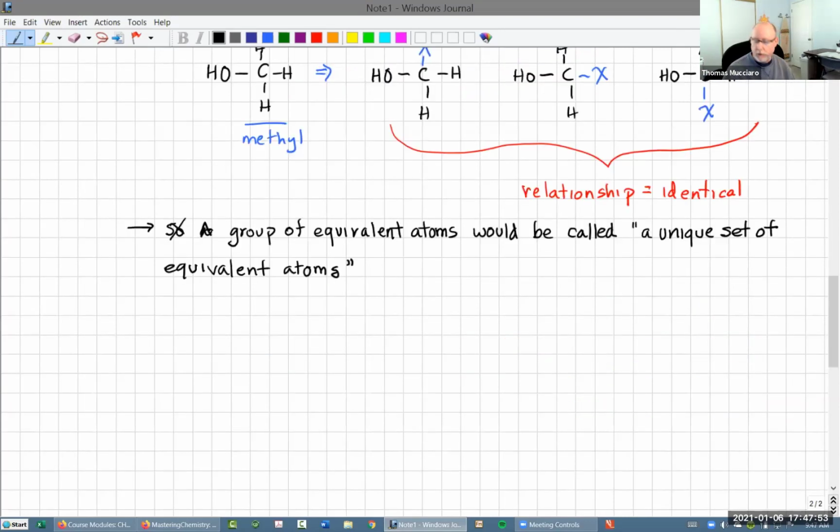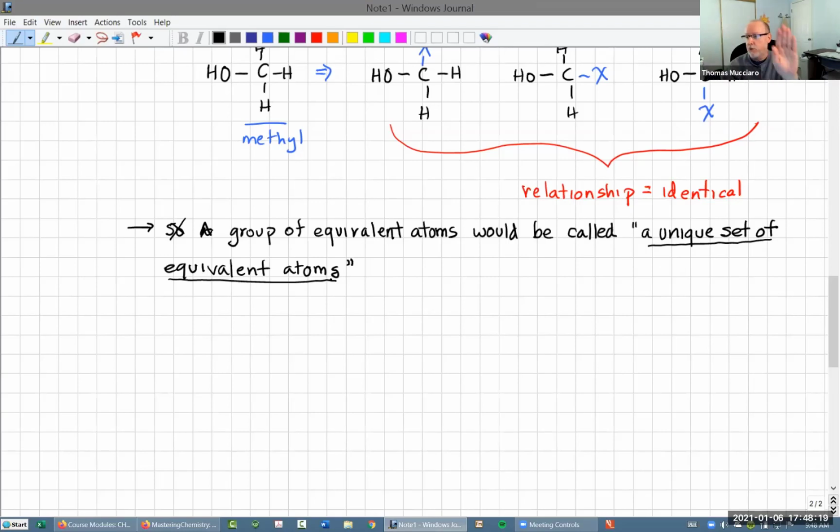A group of equivalent atoms, what we're going to call them is a unique set of equivalent atoms. The idea being that they're unique, which makes them different from other sets of equivalent atoms. So if I had a CH3, those are one set of equivalent atoms. Then if I have a CH2 that the 2 are equivalent, that would be a different set.